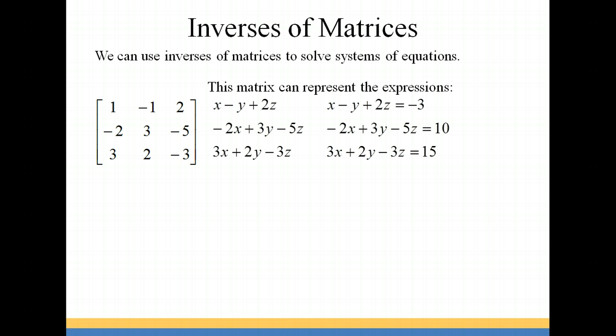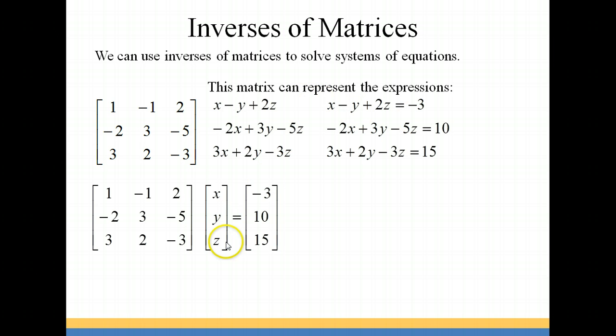Now, if we wanted to represent a system of equations with matrices, we would have a coefficient matrix times the xyz matrix equal to the constant matrix. Let's think about that for a minute. If you have a matrix multiplied by another matrix, you would do row times column.